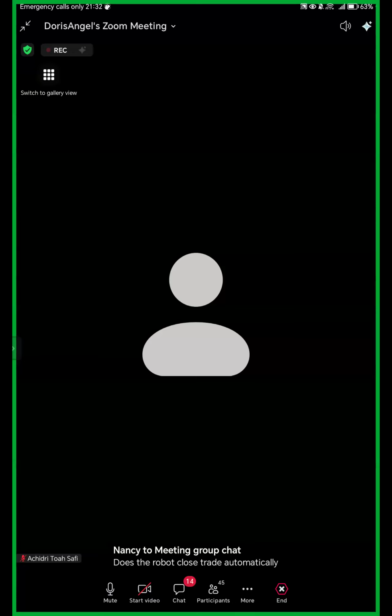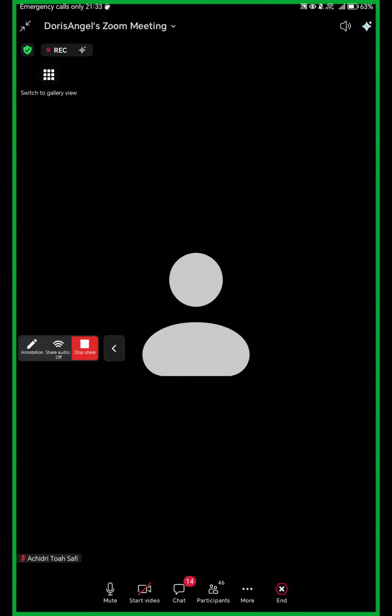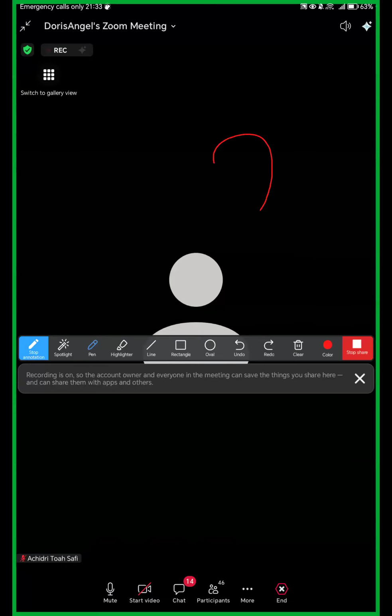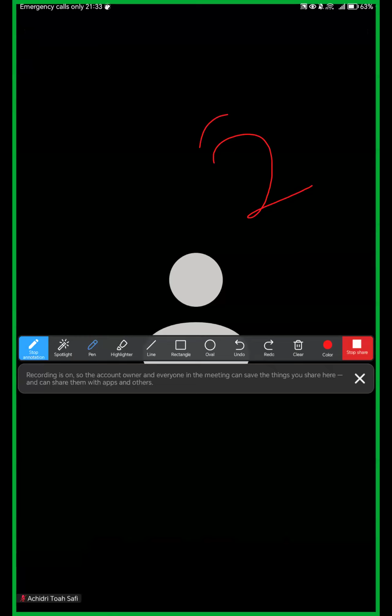Yes, the robot closes the trade automatically. It closes it. You're not going to come and close it unless you do so yourself, because you can also close manually. For example, if you told the robot, give me 2%, when the price rises up to 2% profit, then sell for me. Then you come and you see that the robot is already at 1.5%.